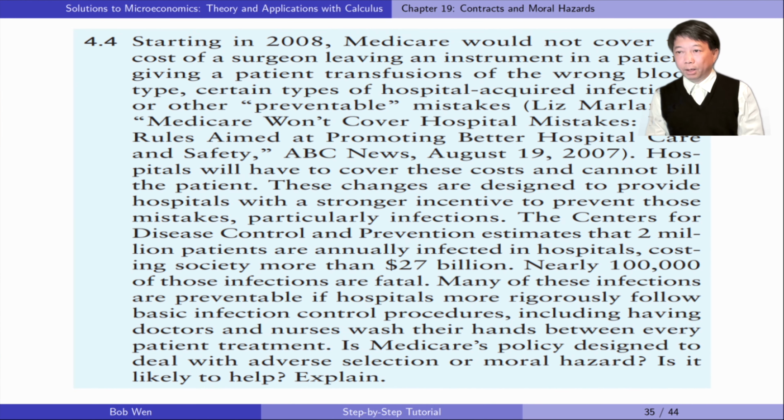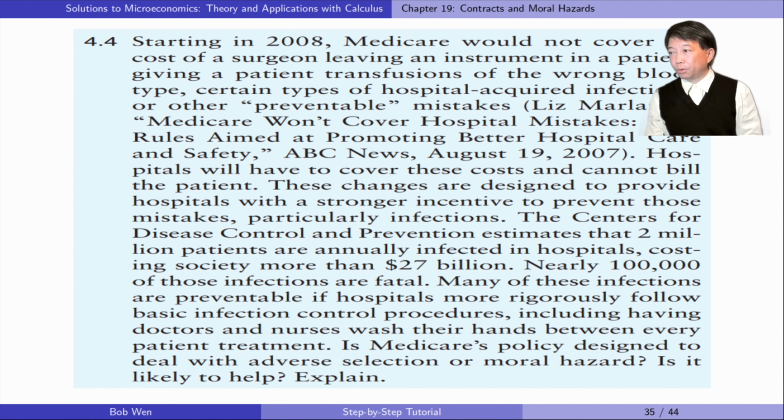Let's address exercise 4.4. Starting in 2008, Medicare would not cover the cost of a surgeon leaving an instrument in a patient, giving a patient transfusions of the wrong blood type, certain type of hospital-acquired infections, or other preventable mistakes. Hospitals will have to cover these costs and cannot bill the patient.